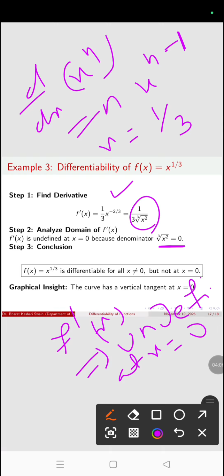So it is differentiable at every point x not equal to 0, but at x equal to 0 it is not defined, so it is not differentiable.